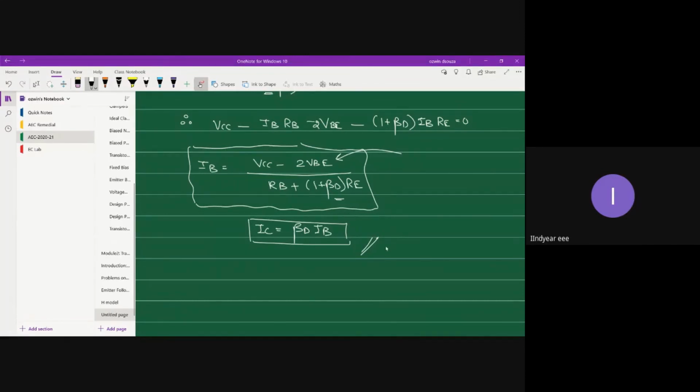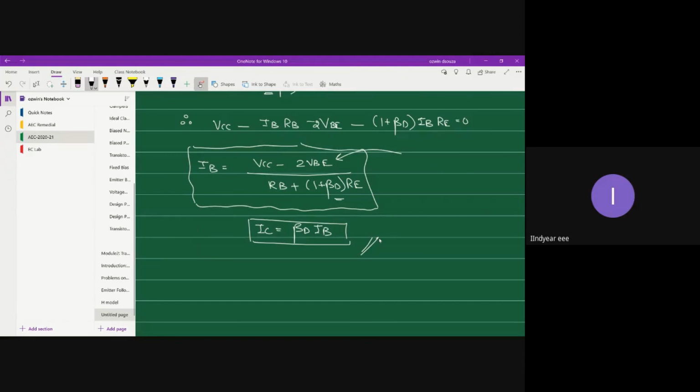You will get the case study I sent the other day, based on the presence of RS and RL, how the source resistance RS and load resistance RL affect the AC amplifier performance. That will be your case study question.